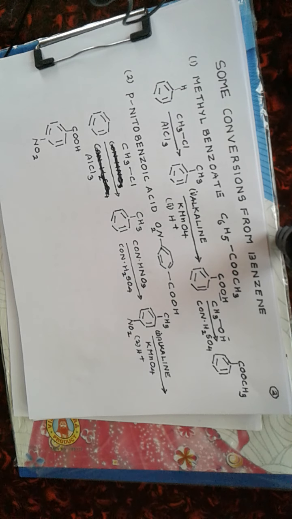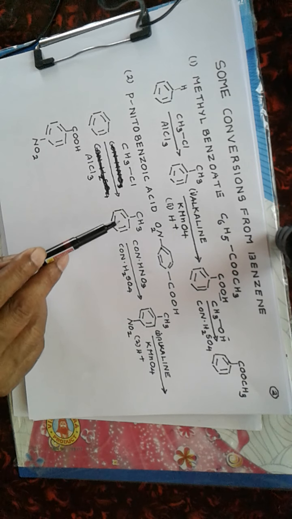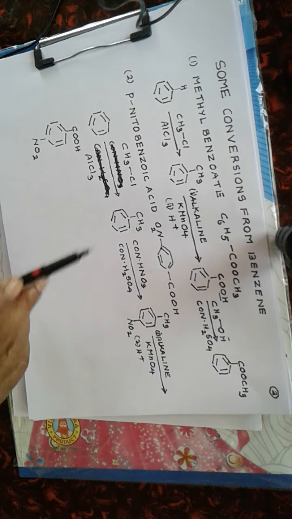Now how will you convert benzene into para-nitrobenzoic acid? Now we should have an ortho-para directing group on the benzene ring first, and for that we use CH3Cl and anhydrous AlCl3 to introduce a methyl group in the benzene ring, so that we get C6H5CH3, that is toluene.